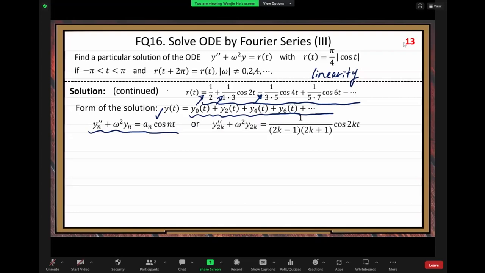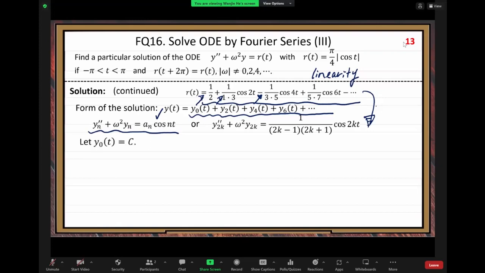So here, based on our Fourier expansion, for those non-zero terms, we use 2k, because for all the odd subscripts the coefficients are zero, so we just work on the even subscripts.